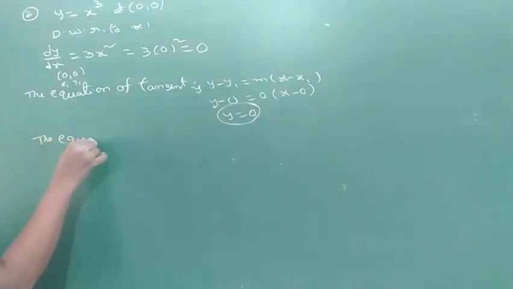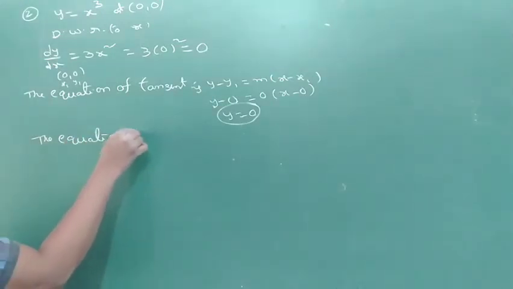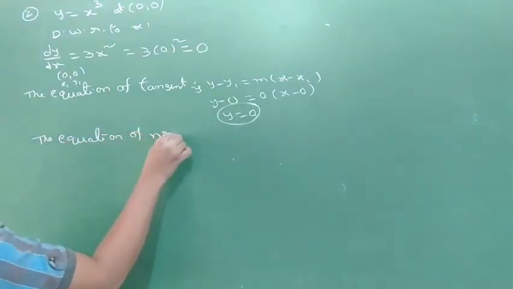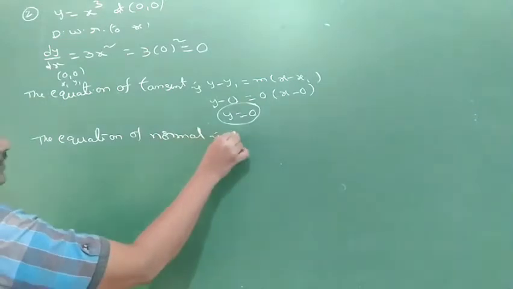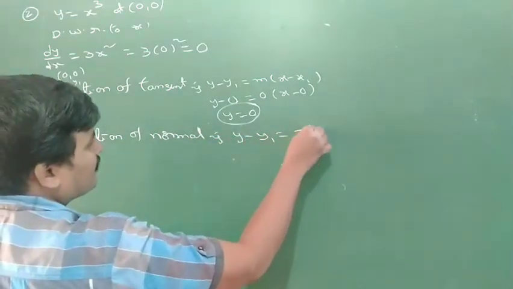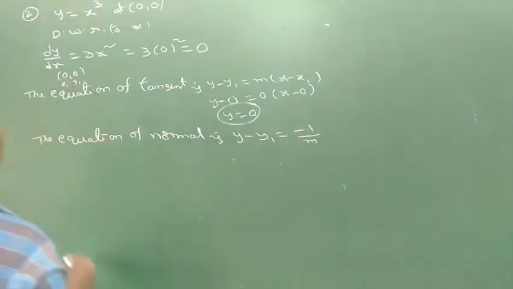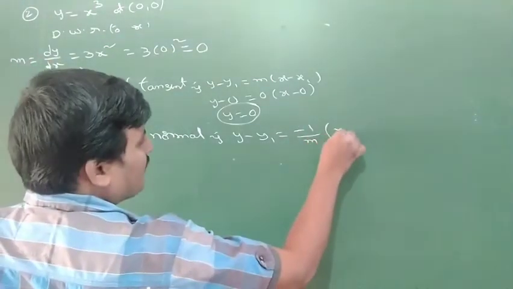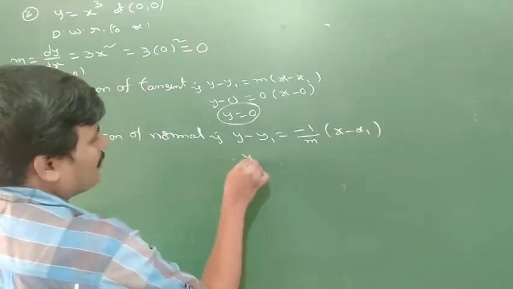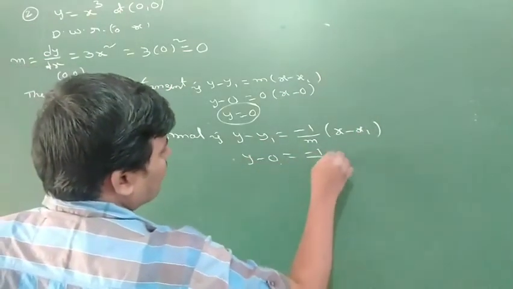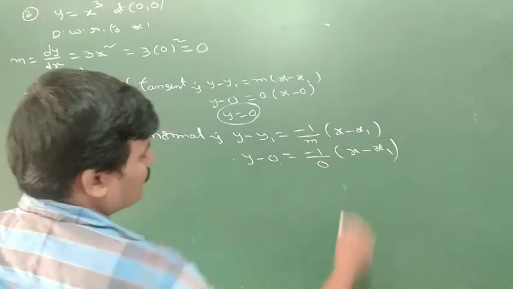So the equation of normal is y minus y1 is equal to minus 1 by m into x minus x1, where dy by dx is nothing but m. Y minus 0 is equal to minus 1 by 0 into x minus x1.